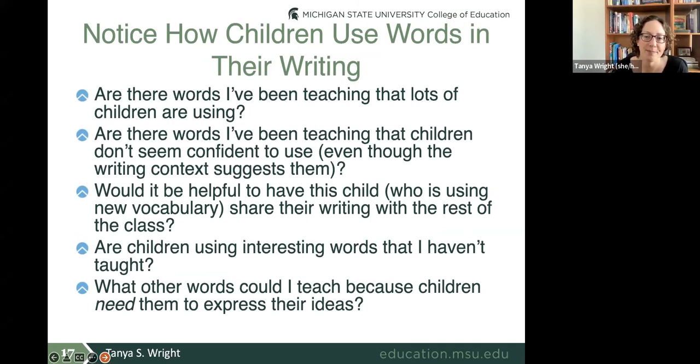Are there words that the teacher's been teaching that children don't seem confident to use, right? Even though that might be a wonderful word to use in that context. Well, then how can we suggest that to a child, or suggest that to the whole class, or make sure that those words come up again and that we bring them back.